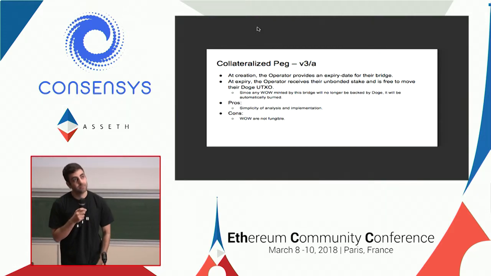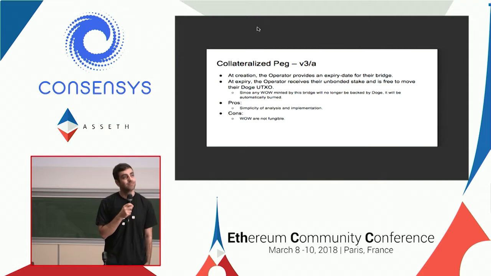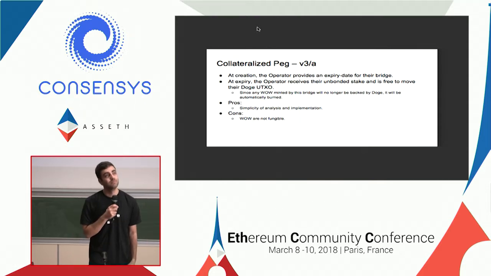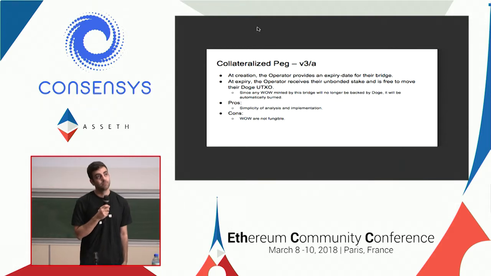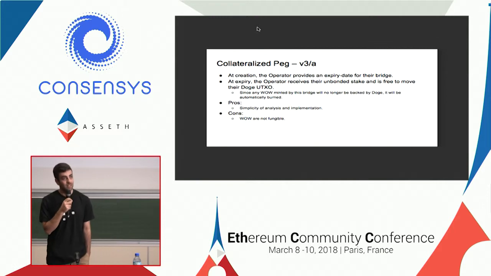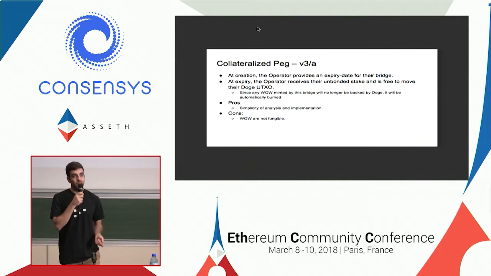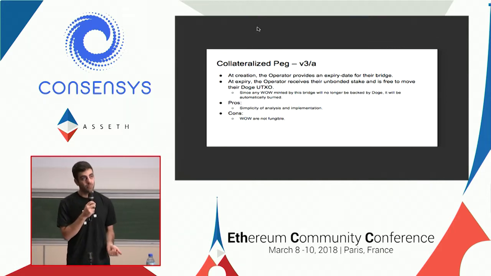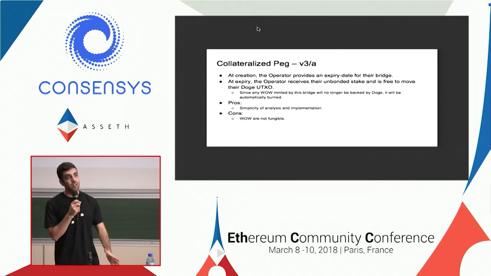So, am I right in my assumption that all the work you do in the second part, with the two-way peg, can be reused for Bitcoin? Yeah, exactly. The added complication is that Dogecoin is merge mined with Litecoin, but since we're not creating a hard or soft fork, that wouldn't be an issue.